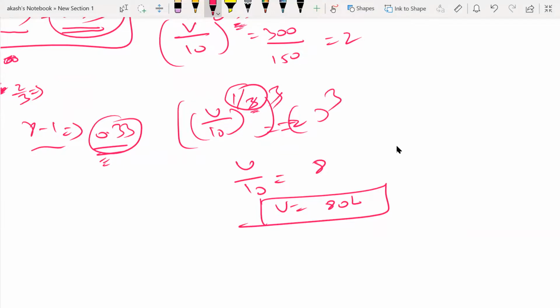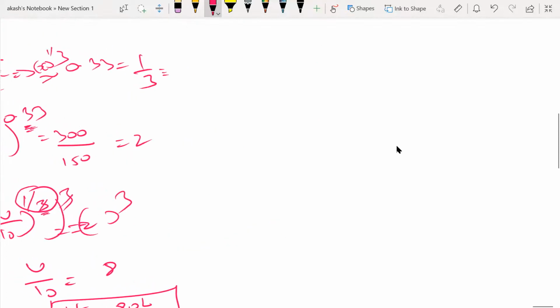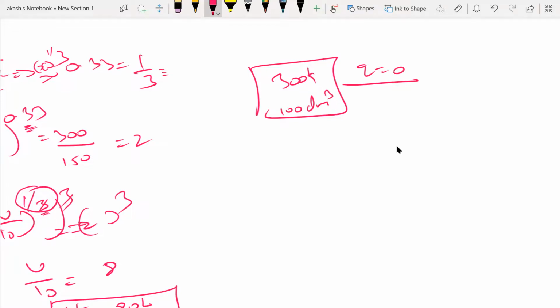Okay. Right. So let us do another problem like this. They have given a similar kind of thing. 300 Kelvin, 100 decimeter cube, U is equal to 0, to T Kelvin, some T Kelvin, 800 decimeter cube.